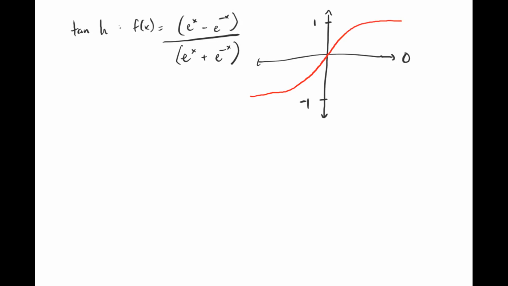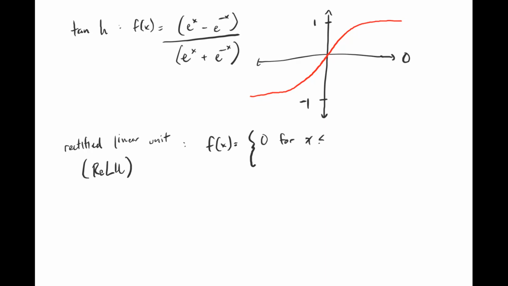And the last one, rectified linear unit, which I believe is one of the most common ones. ReLU, and this is 0 for x is less than or equal to 0, and x for x is greater than 0.